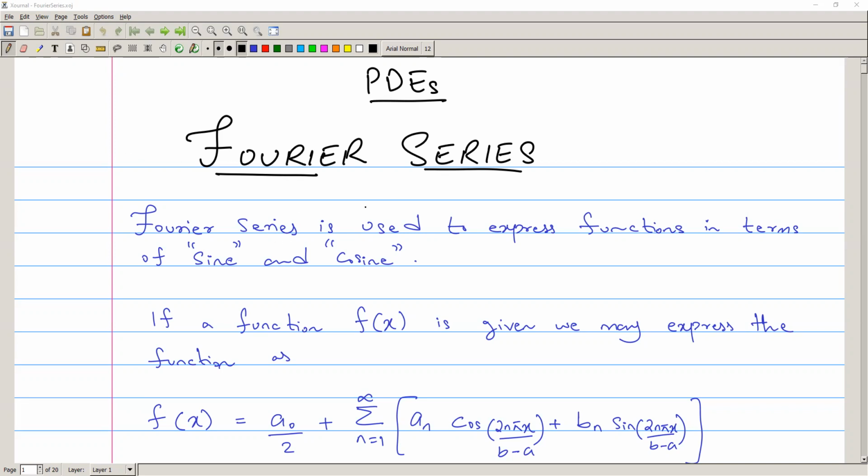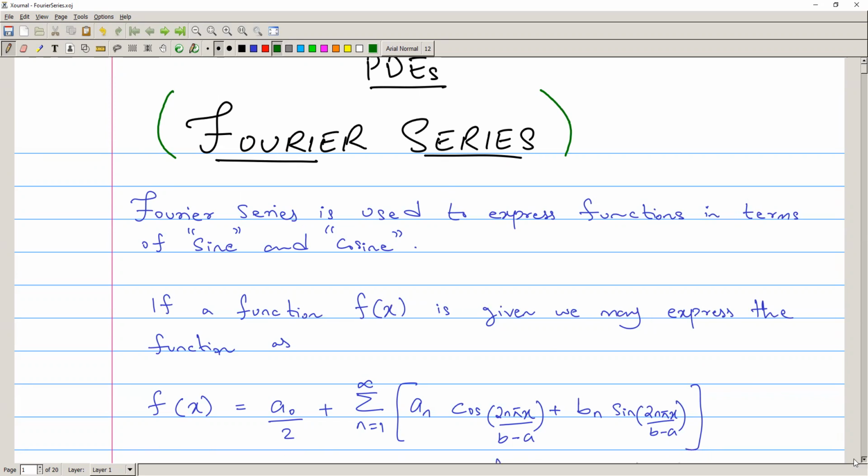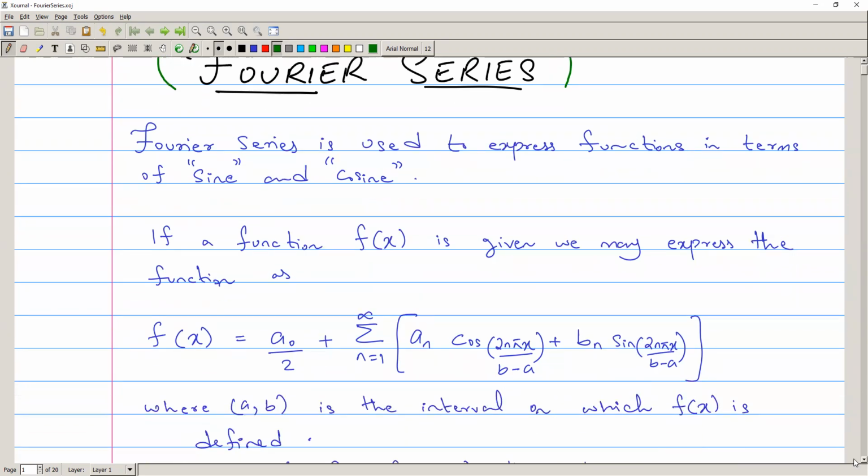So for that, we need to be very much familiar with the Fourier series, because Fourier series is going to be used in solving the partial differential equations for equating the initial conditions with the solution of the equation, right?